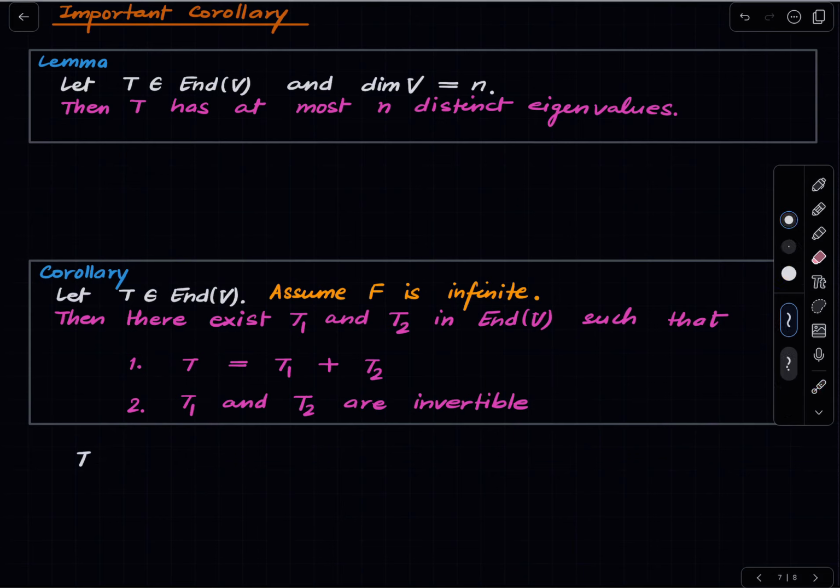Then T can be written as (T minus lambda I) over 2 plus (T plus lambda I) over 2. Let me write it in a slightly different fashion.